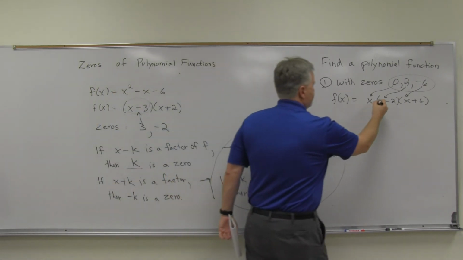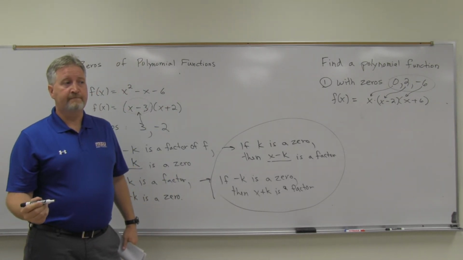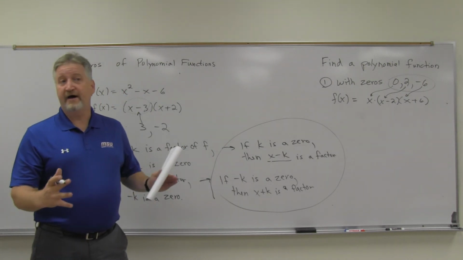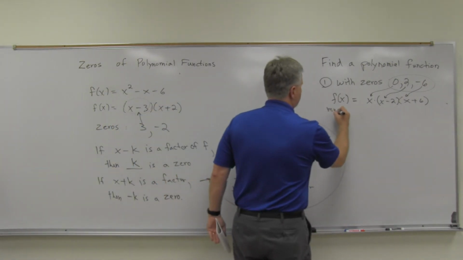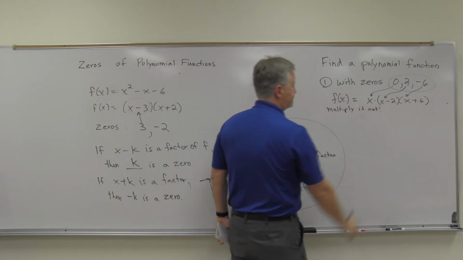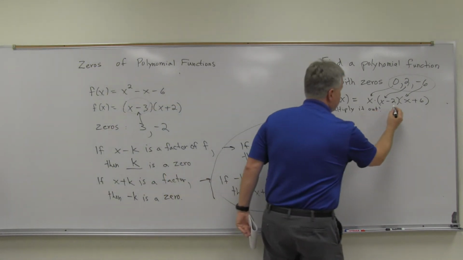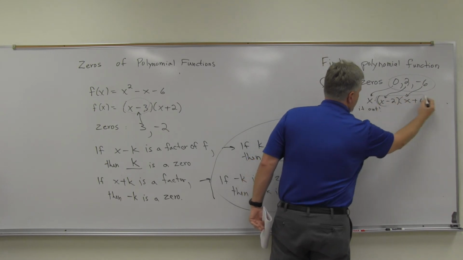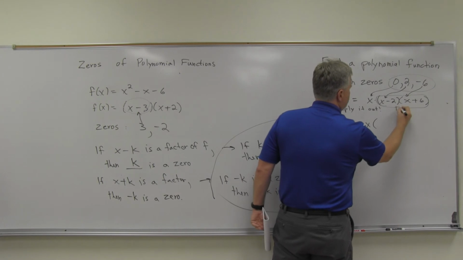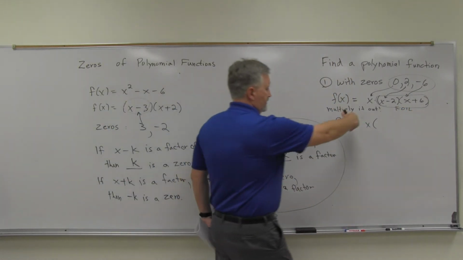Okay? We good there? Now, they do want it multiplied out. So we're going to FOIL and then distribute. You can distribute and then FOIL, but I would go ahead and FOIL first. If you got two binomials, FOIL that out. Then we'll distribute the x.